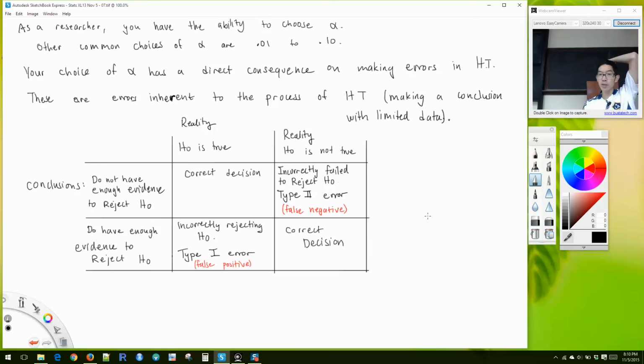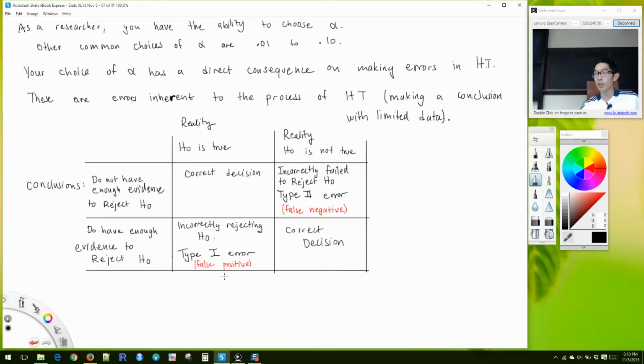All right, so let's think about how our choice of alpha would affect either type 1 or type 2 error. If I use a really small alpha, if I use alpha equal to 0.01, am I more likely or less likely to commit a type 1 error? So think about this. With alpha equal to 0.01, when do we reject the null hypothesis?